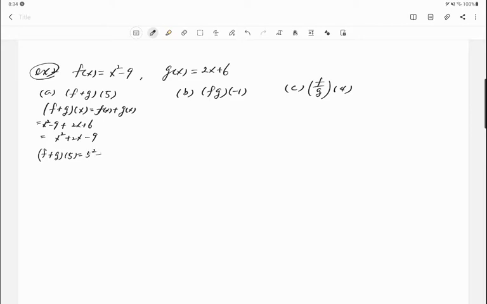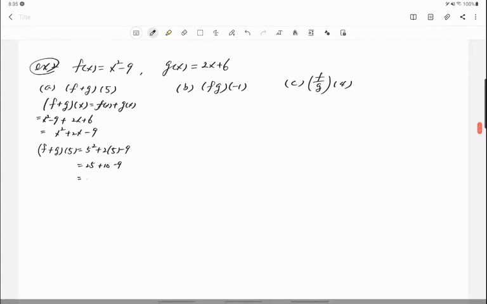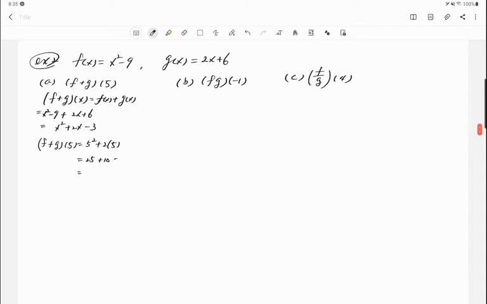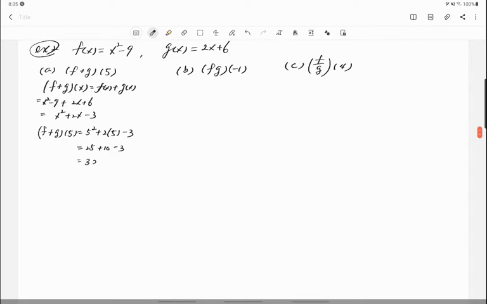So 5 squared plus 2 times 5 minus 9, then 25 plus 10 minus 9 equals 26. Sorry. Okay, negative 9 plus 6 is negative 3, right? So that will be 32. So this is the answer.